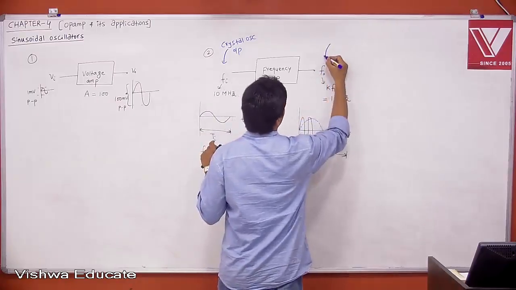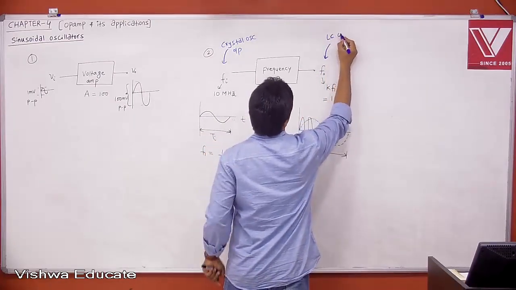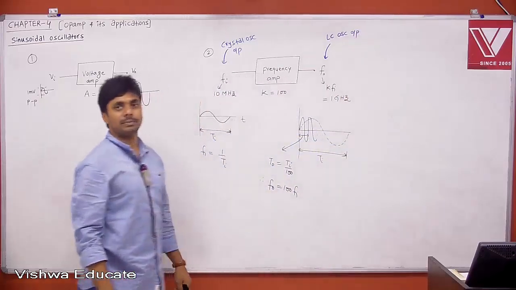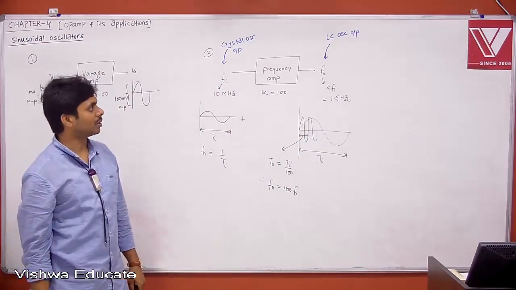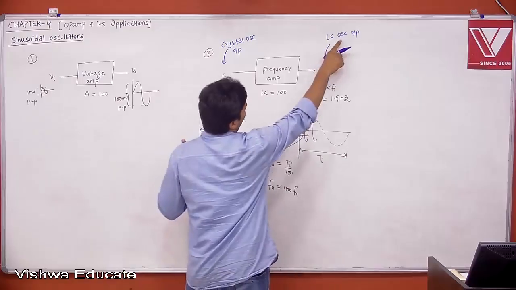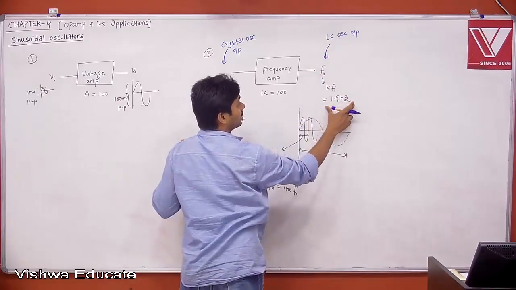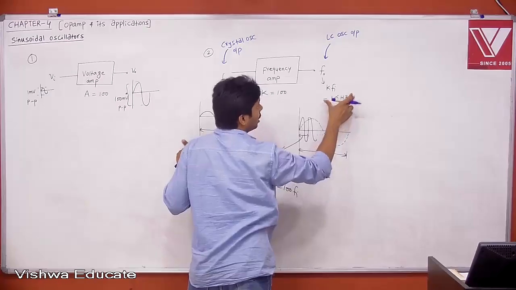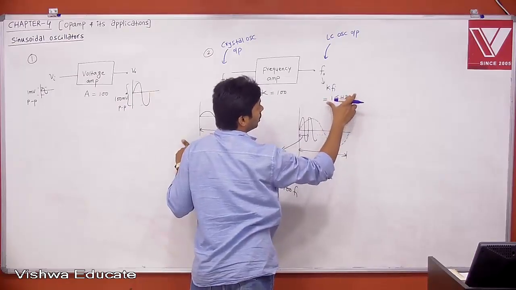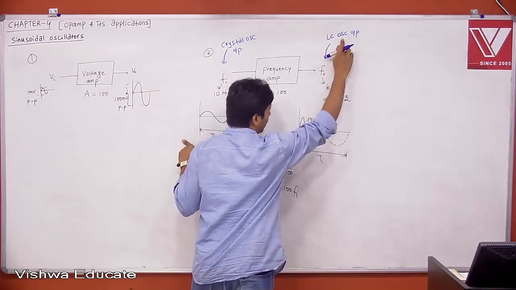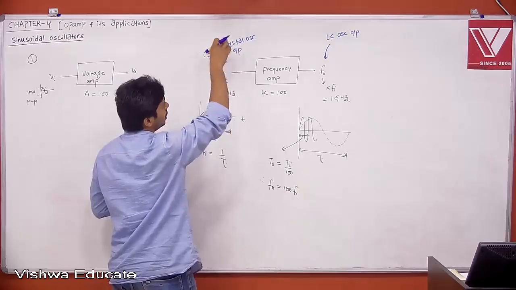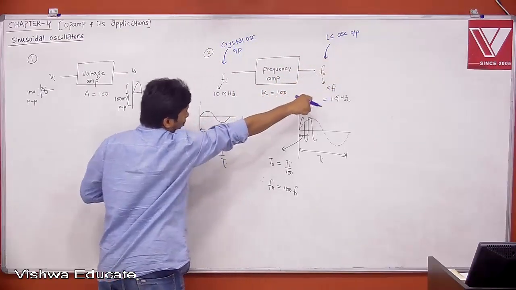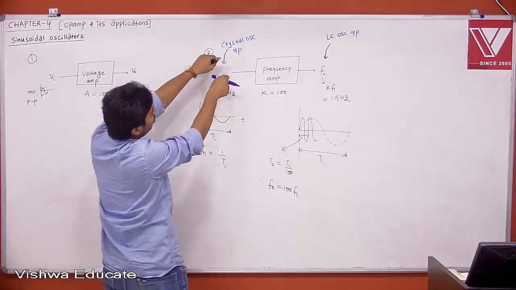Your output is nothing but your LC oscillator output. We know that the LC oscillator output has a higher frequency of oscillation, but it does not have any stability. To have a stable output clock from the LC oscillator, take the crystal oscillator output as a reference, sample your LC oscillator output and compare it with the crystal oscillator output.